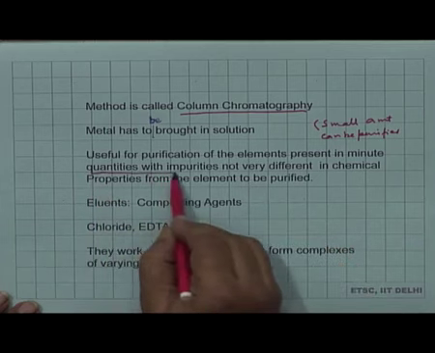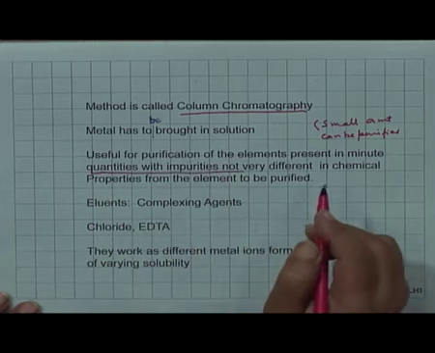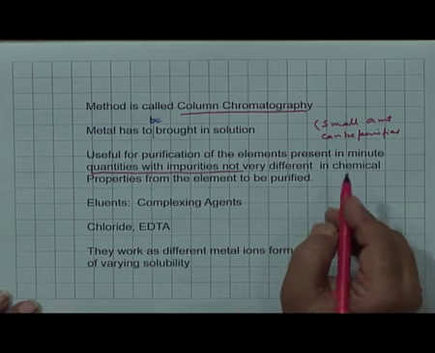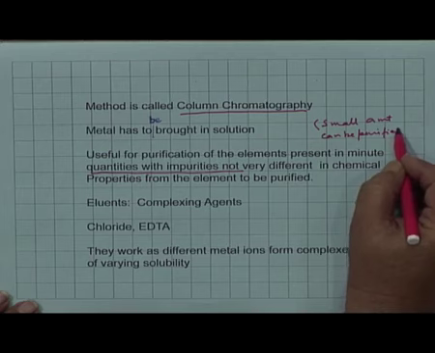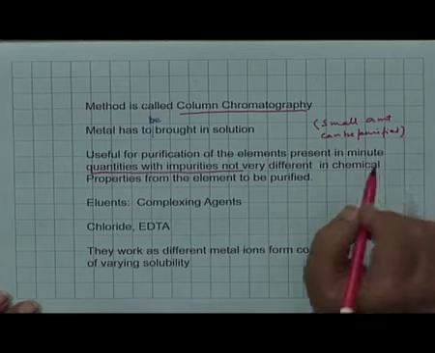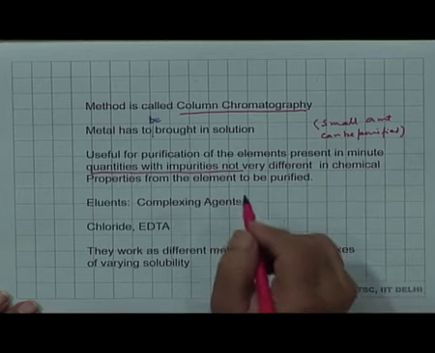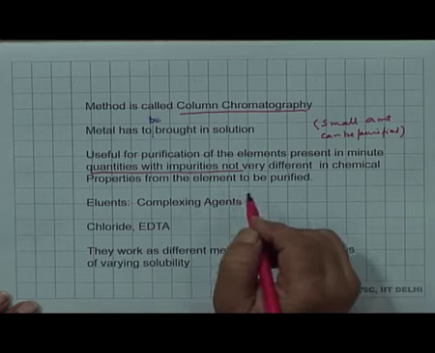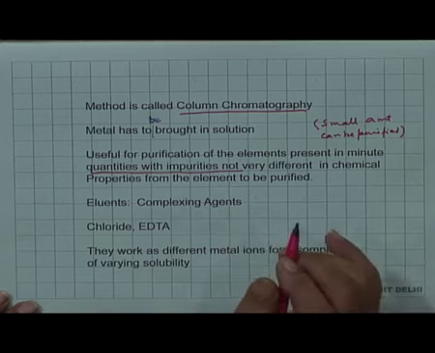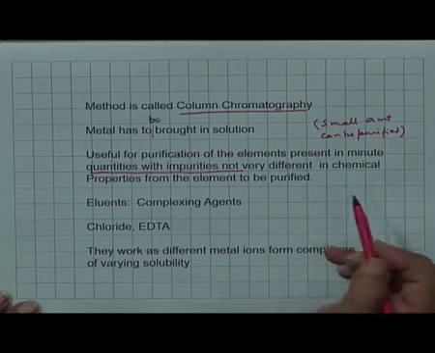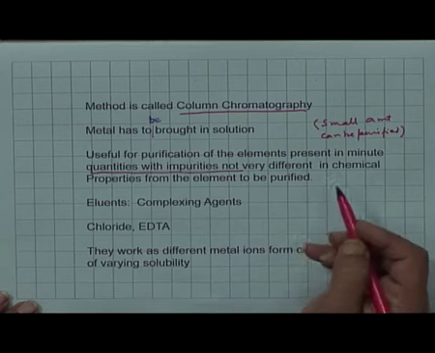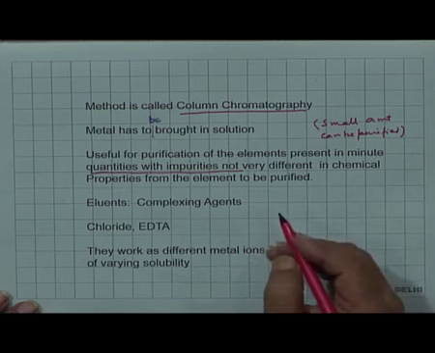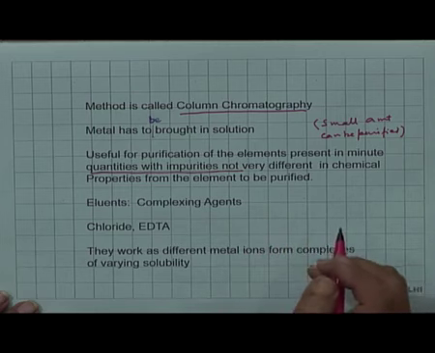Very important. So what is the advantage? A small amount can be purified, but the advantage is that very closely associated entities or species can be removed from the metal. What are very similar species which are present as impurities? The best example is that of lanthanides.